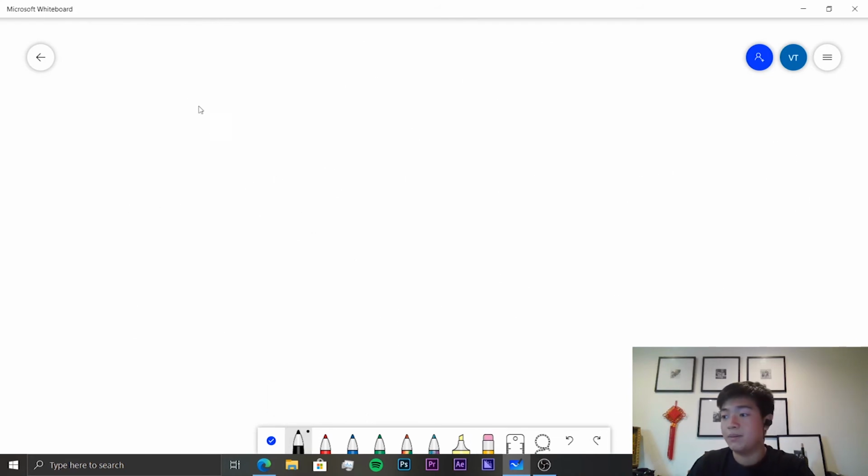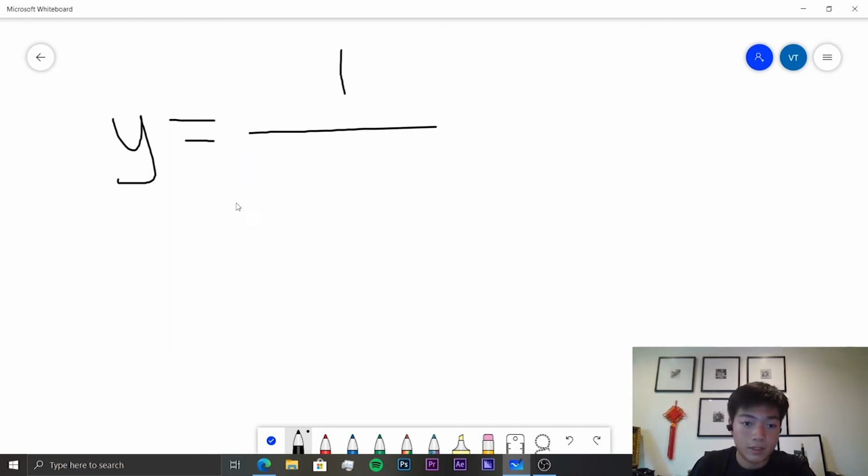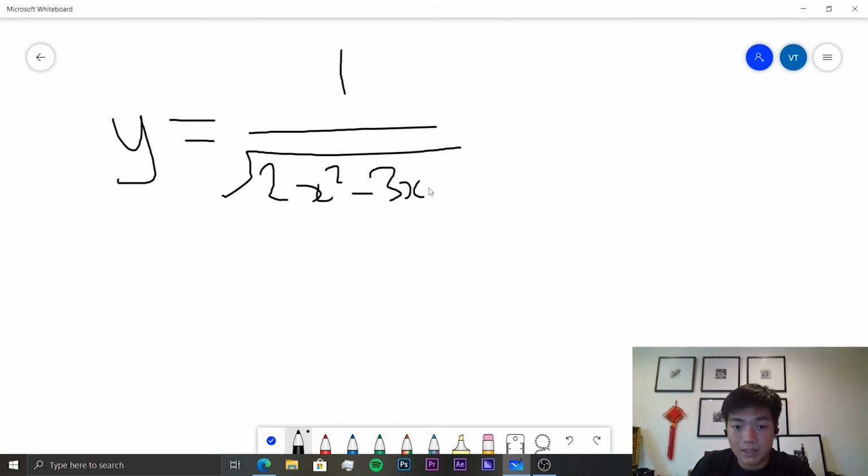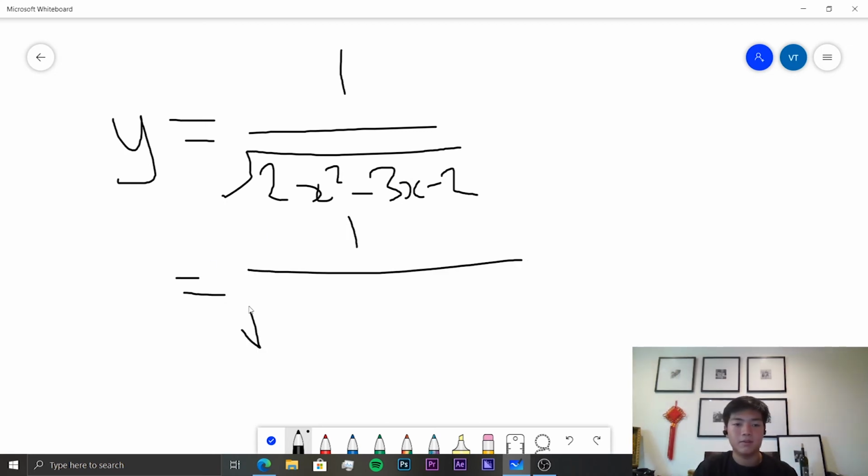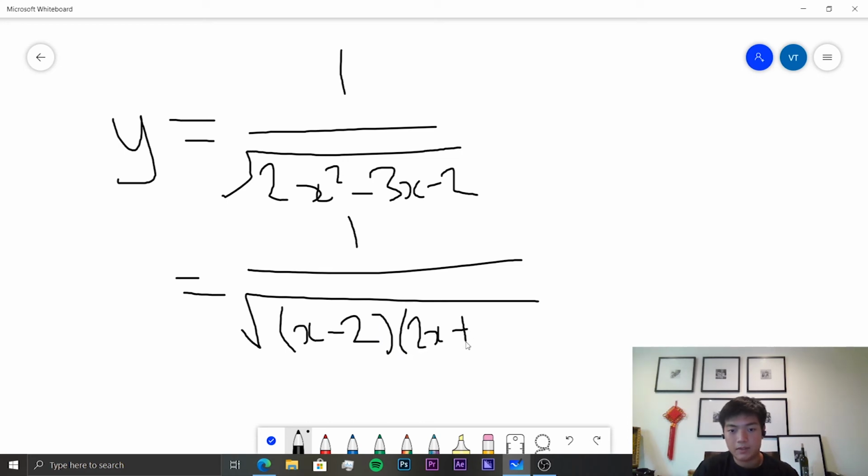The final problem is y is equal to 1 over the square root of 2x squared minus 3x minus 2. This would be equal to 1 over the square root of x minus 2 times 2x plus 1.